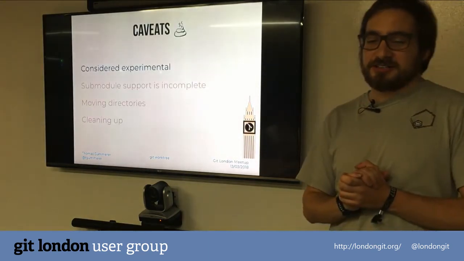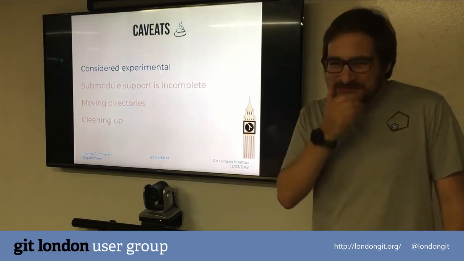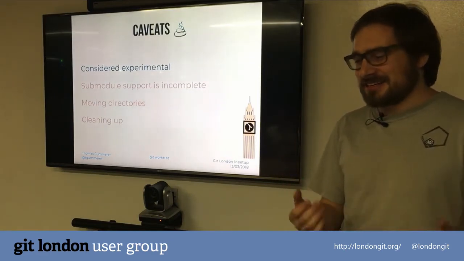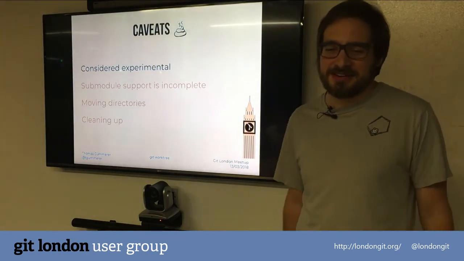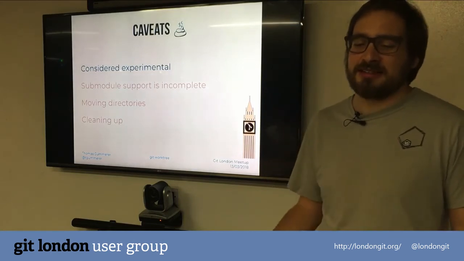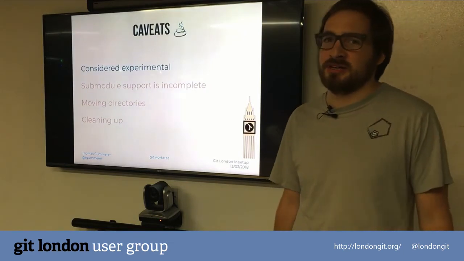So now there are some caveats. Git worktree, as I said, is a relatively new feature for Git. It has existed for 3 years, but compared to the project's lifetime, that's not that long. So they are still considered experimental in the man page.